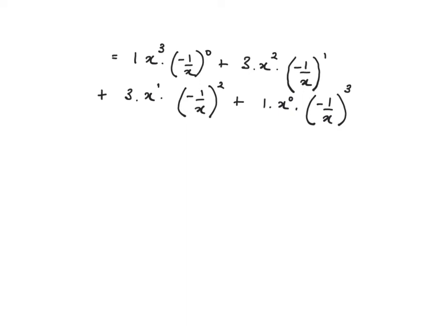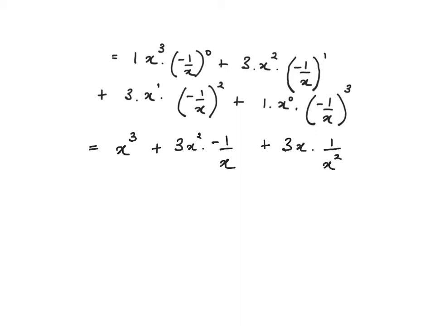So we need to simplify this now. That gives us x cubed. Now we've got, I'll do this in stages, I think. So that's what the second term is. The third term is 3x times, now we've got minus 1 over x squared, which is just 1 over x squared.